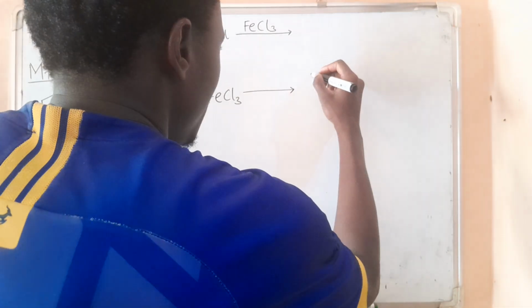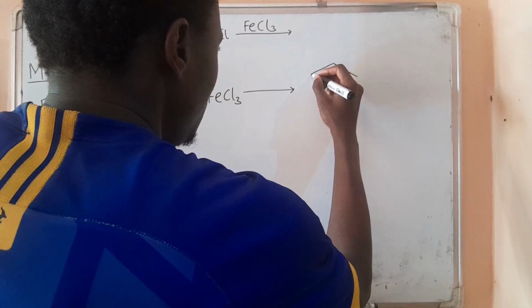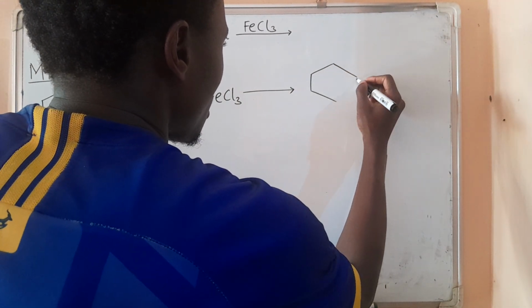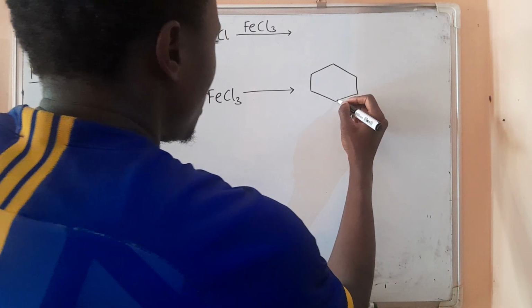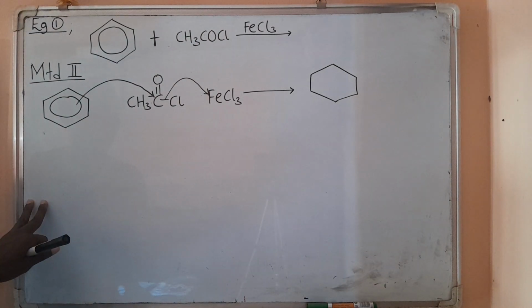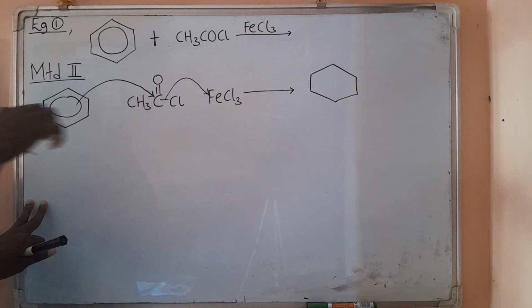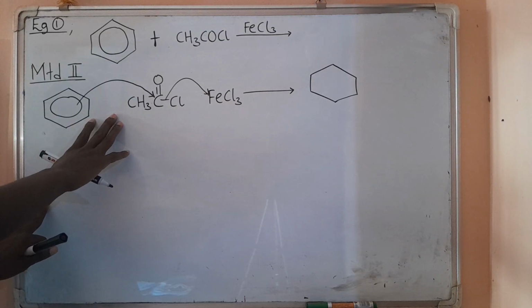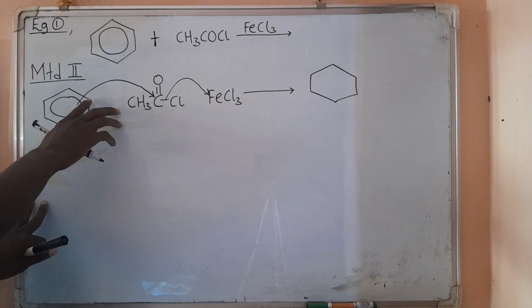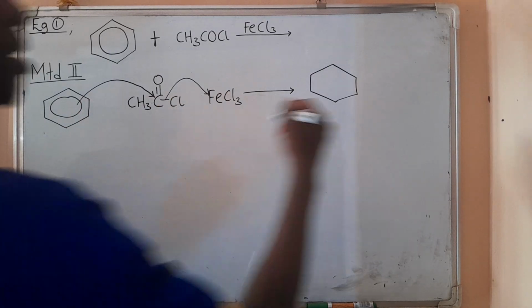So we have our ring. We have our ring like that. Then one of the carbons, these two carbons, since they have the same number of hydrogens, it bonds with this carbon.